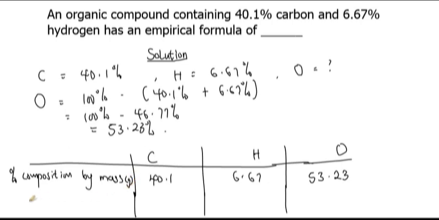Now the next thing is to state the relative atomic mass of each of the elements present. So I have the next row to be relative atomic mass, and my unit in grams per mole. For carbon, carbon is 12, hydrogen is 1, while oxygen is 16.